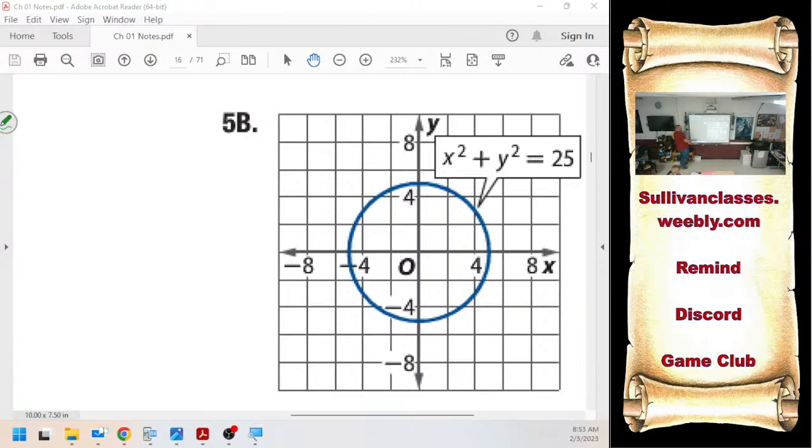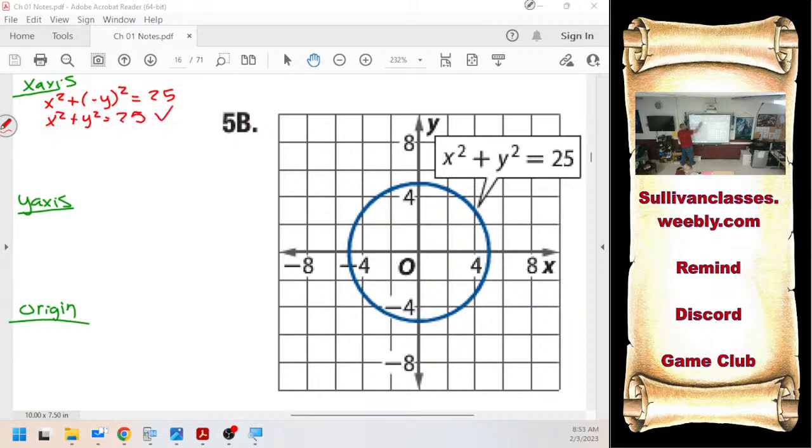So if I want to prove symmetry to the x-axis, y-axis, origin, for the x-axis I would say x squared plus negative y squared equals 25. Hey, look, x squared plus y squared is still 25. Yay.